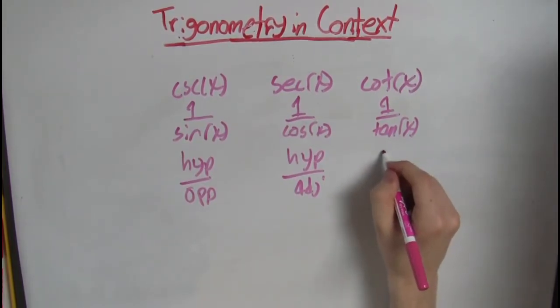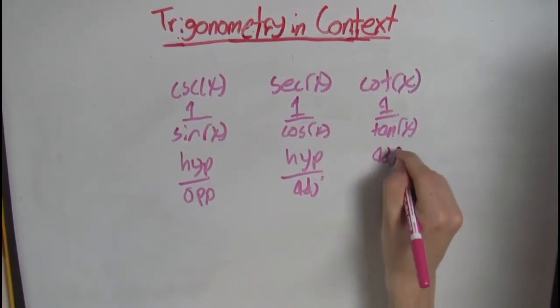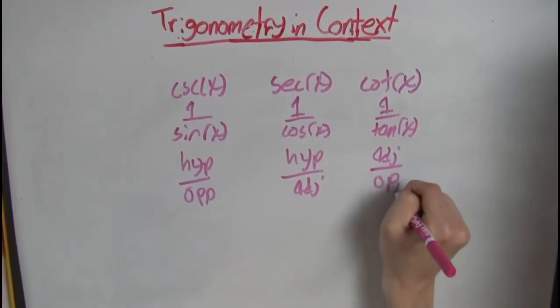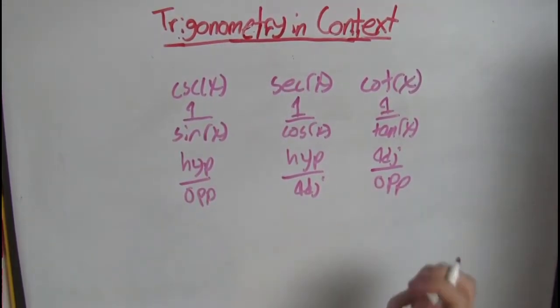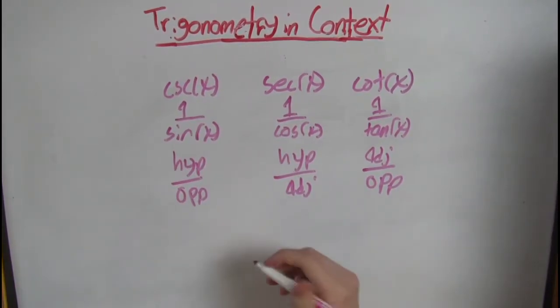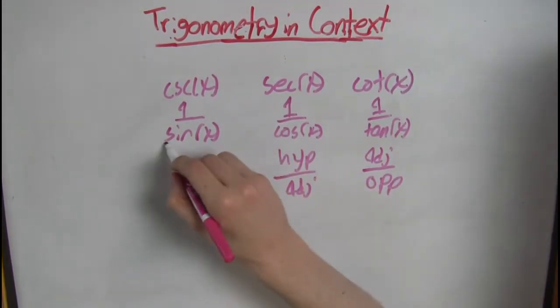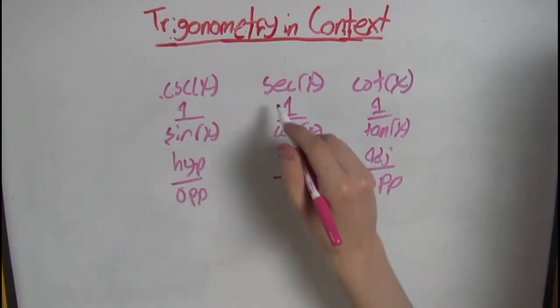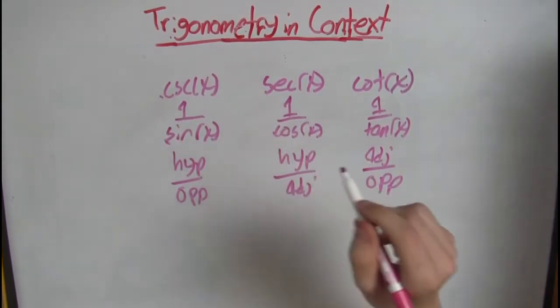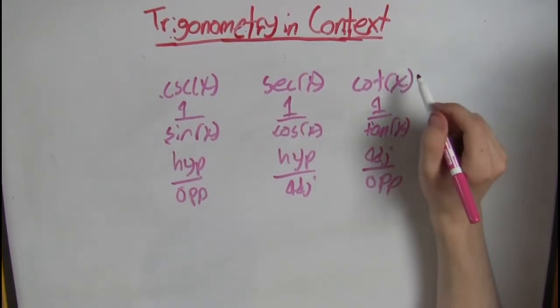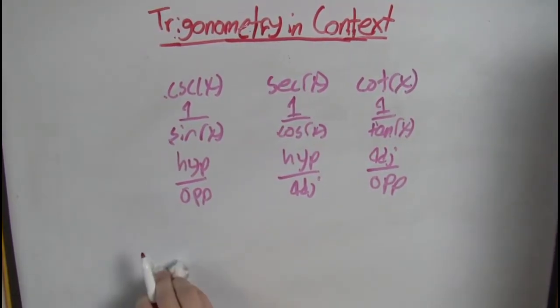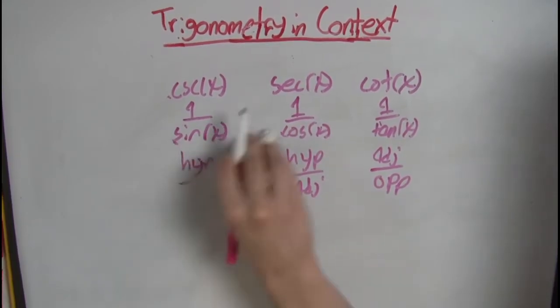And cotangent is adjacent over opposite. Now these don't come up too much, but they show up just enough that it's important to remember which one goes with which, right? So sine goes with the cosecant, cosine goes with secant, and tangent goes with the cotangent. Just remember that because they will show up in problems.